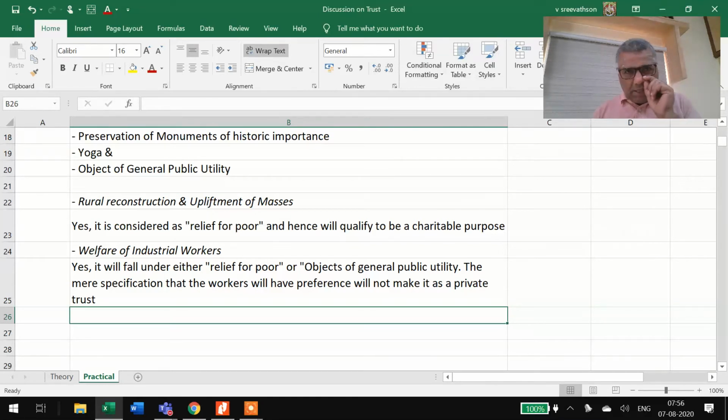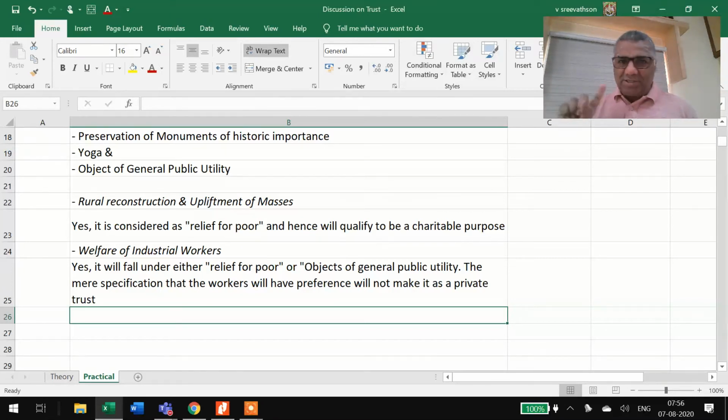You have all seen it. All trade unions will be registered as a trust or a society, but it is only for the workers of Ashok Leyland, or the industrial workers of TVS Motors.